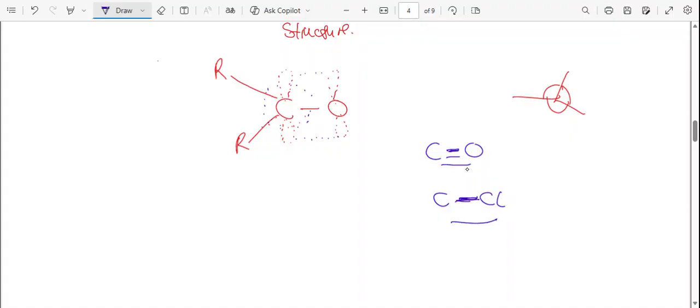This one is still shrunk. So what I'm trying to demonstrate is that these pi bonds are very short, and to break this you need a lot of energy, and also short length. Allow me to write that, short length. These ones are high length.